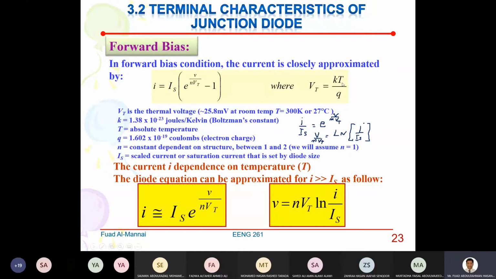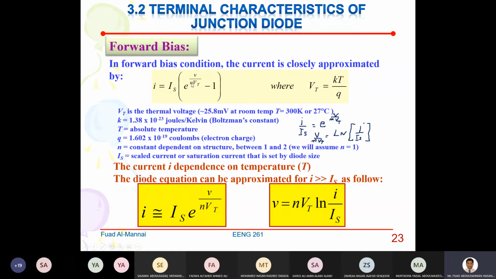T is the absolute temperature. And Q, of course, is the electron charge, for either electrons or holes, and it is equal to 1.602 times 10 to the power minus 19 coulombs.